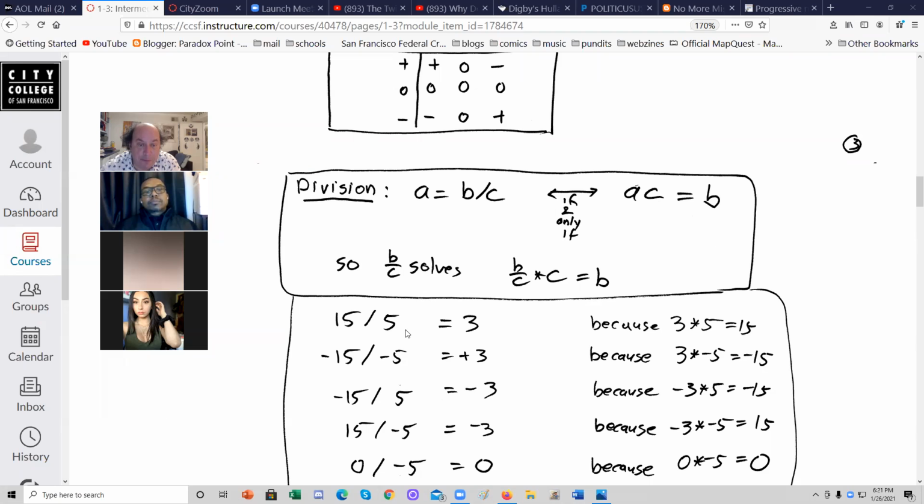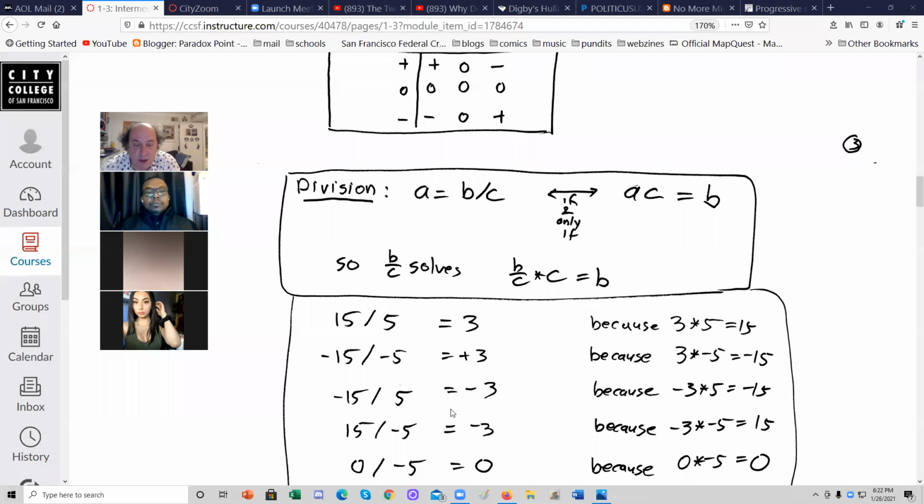So for example, 15 over 5. Well, what times 5 is 15? 3. So 3. Negative 15 divided by negative 5. Again, what times negative 5 is negative 15? Well, again, positive 3. 3 times negative 5 is negative 15.